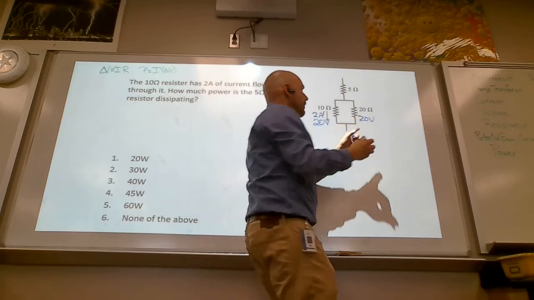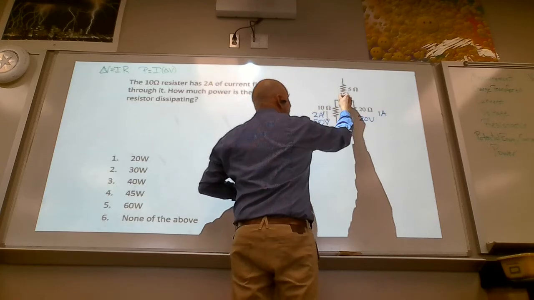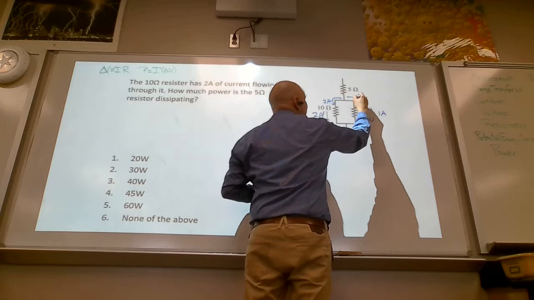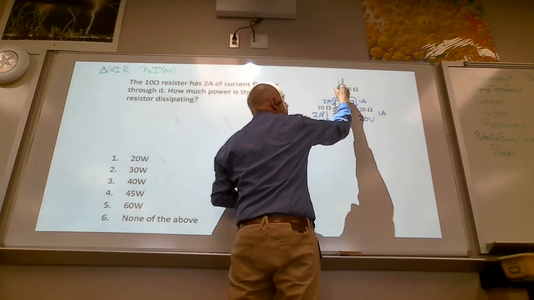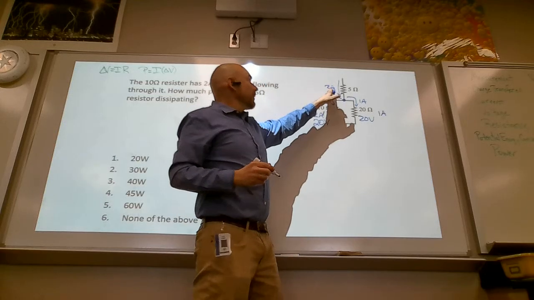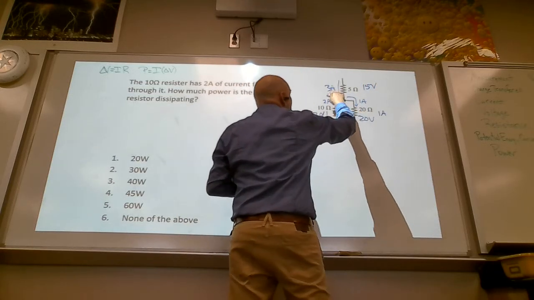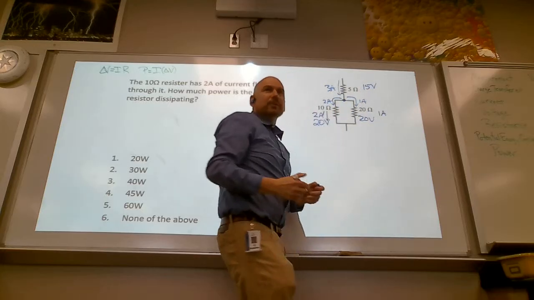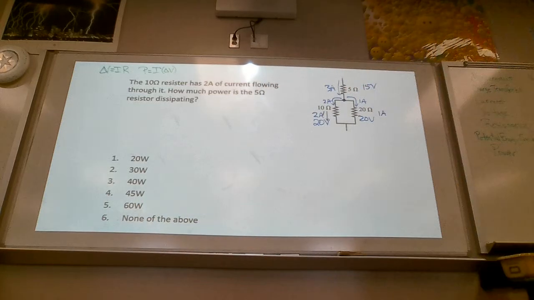You're missing current. You can find that. Oh, that's 1 amp. So we have 2 amps going here and 1 amp going here. That at this junction must mean there's 3 amps going through that one. 3 amps gives you 15 volts. Current times voltage gives you 45 watts. Boom.